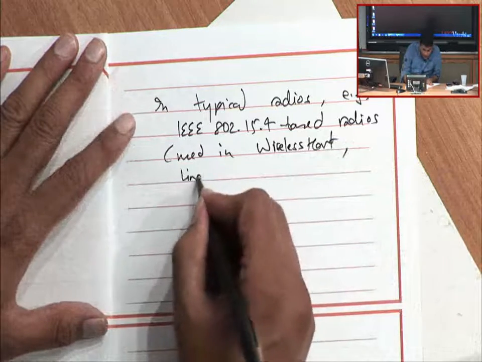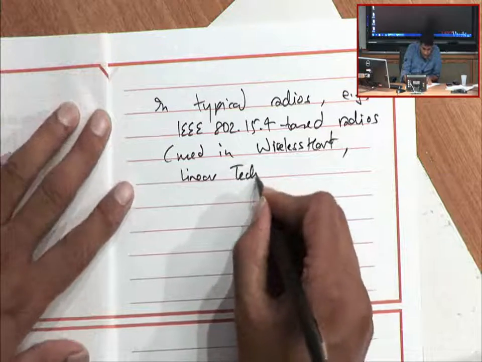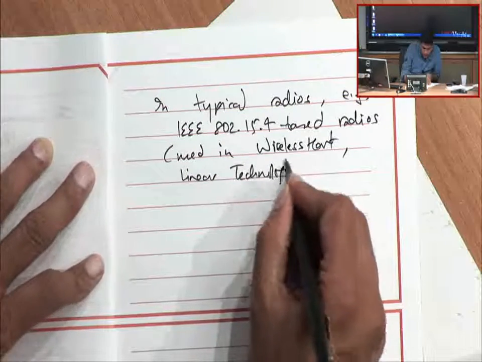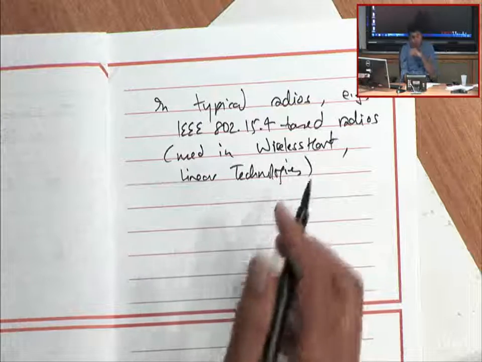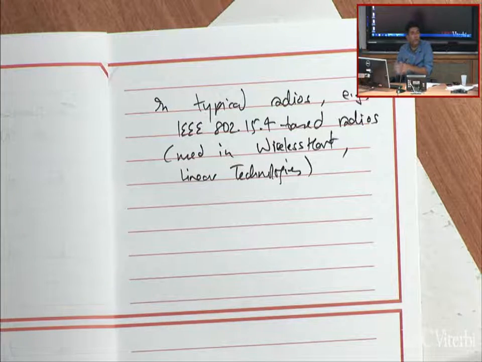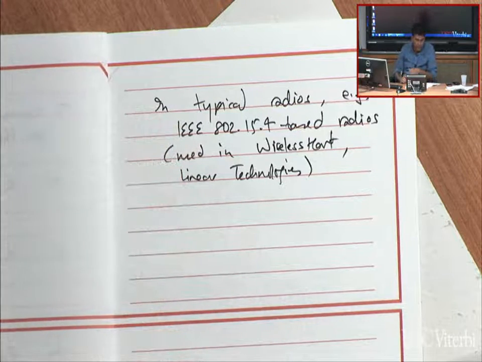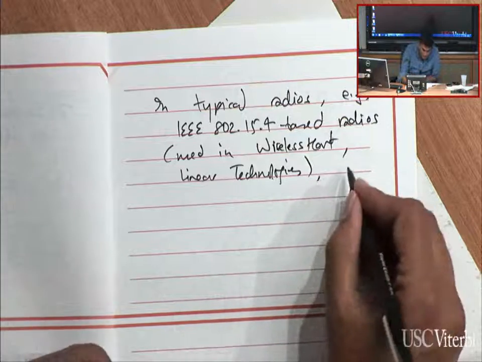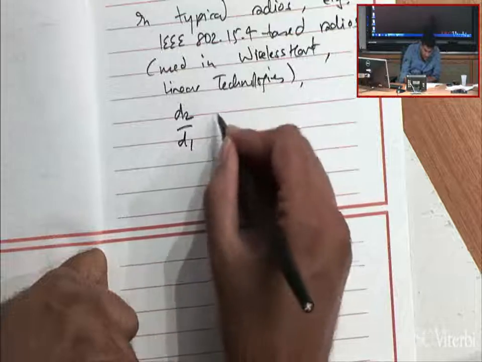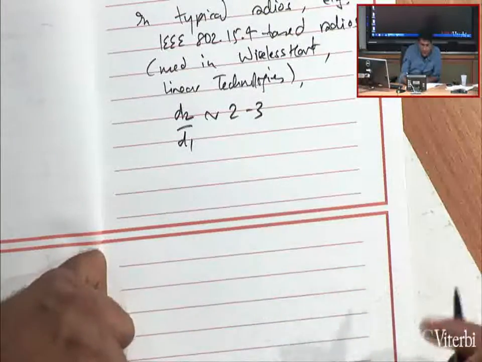That Linear Technology company whose website we browsed, the networks they're deploying are all based on 802.15.4 radios. D2 over D1 is approximately 2 to 3.